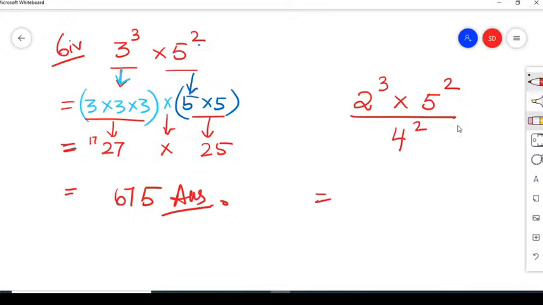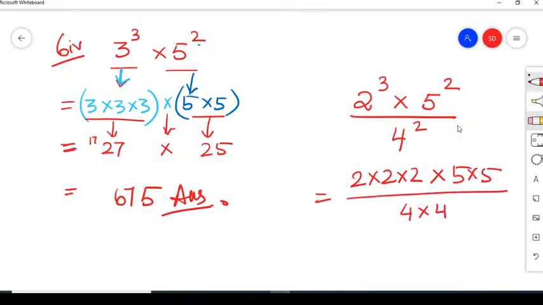So this means in the numerator we'll have 2 into 2 into 2 and 5 into 5, divided by 4 into 4. So you can do the cancellation. 4 ones are 4, 2 ones are 2. So we have 25 into 2, 50. 50 by 4 is equal to 12 and a half.